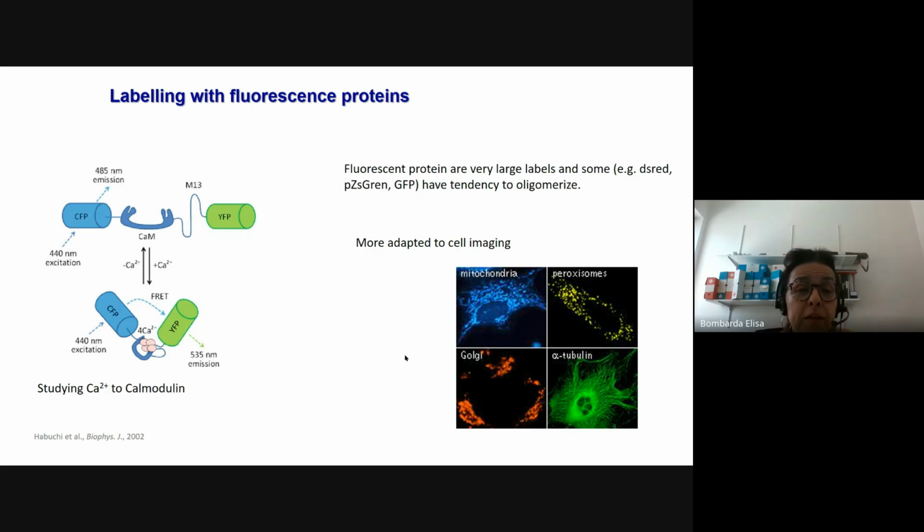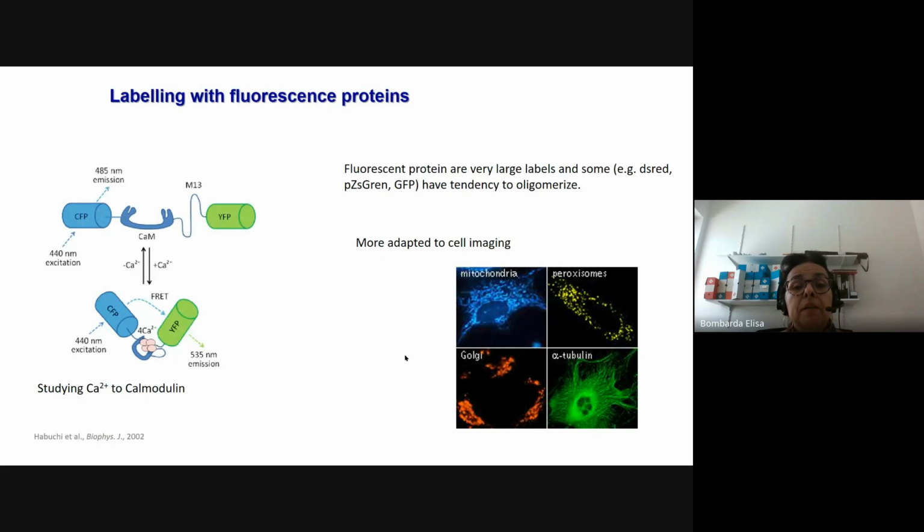So practically we touch the one drawback of fluorescent proteins, which is the fact that they are very large labels. Moreover, some of them have a tendency to oligomerize, introducing additional complications to our system.